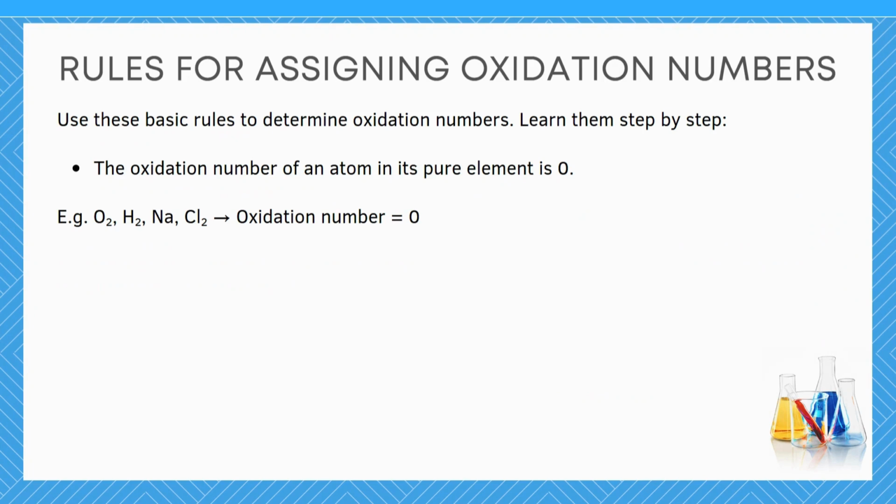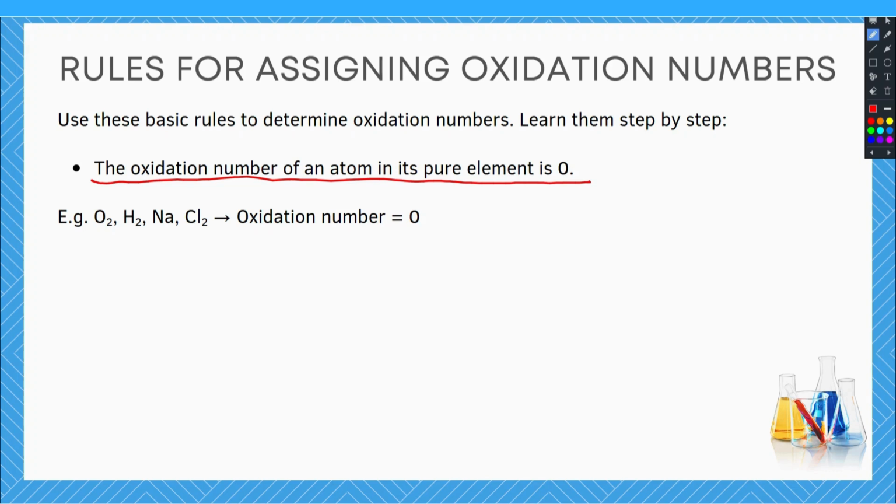Now, this brings us to how to assign oxidation numbers. How do we know what the oxidation number of an element is? There are rules to it. Here they are, step by step. First of all, the oxidation number of an atom in its pure element is equal to 0.